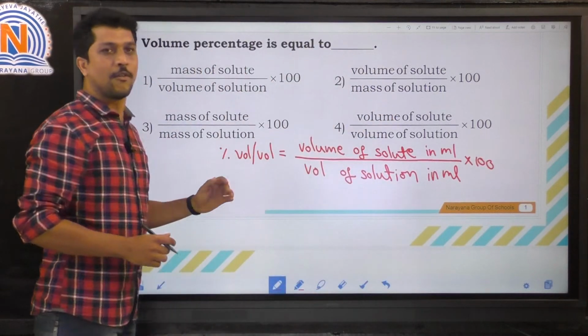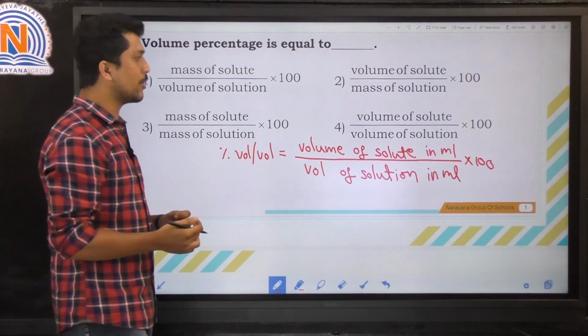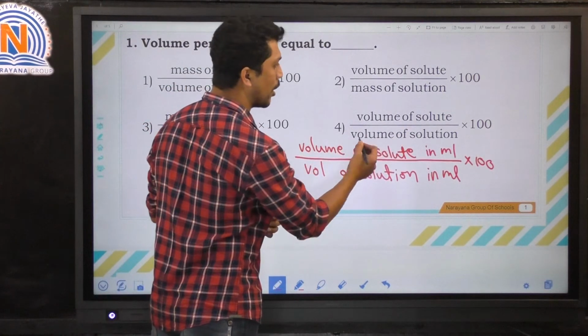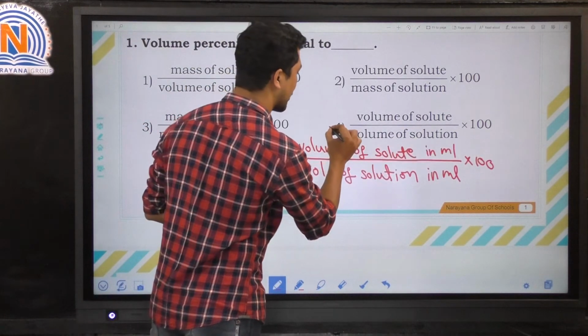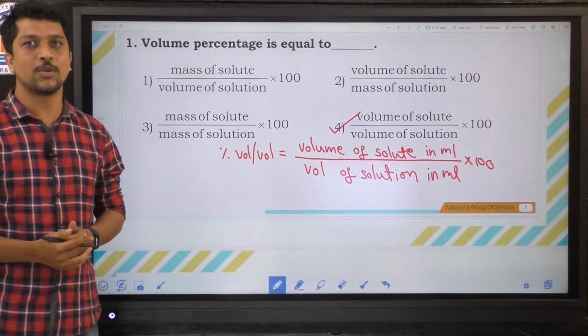So this is the formula for percentage of volume by volume. Let's see the options. The fourth option is volume of solute by volume of solution into 100. So the correct option is the fourth option. Right? Let's move on to the next question.